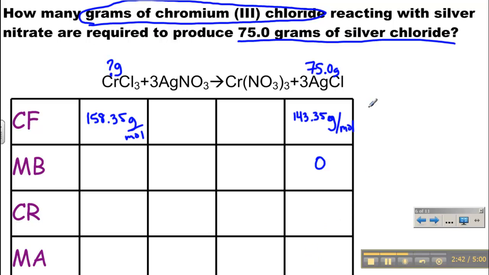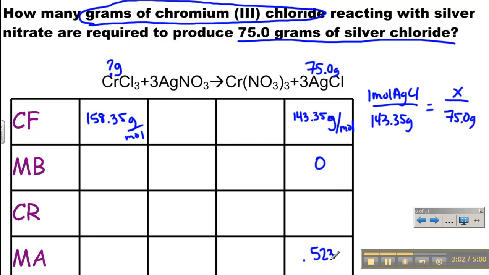So if we convert this to moles, we do 1 mole of silver chloride is 143.35 grams. That equals X over 75 grams. So you end up dividing 75 by 143.35, and that is going to give you 0.523 moles of silver chloride. So the fraction there would be 3 over 3 times 0.523. Of course, we started with 0.